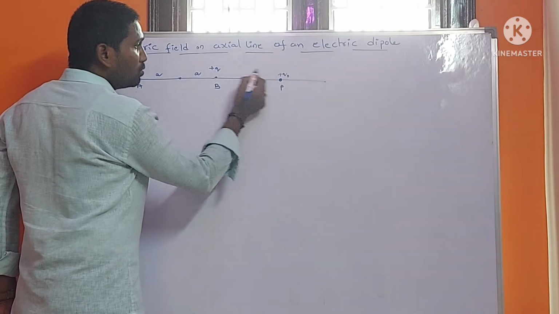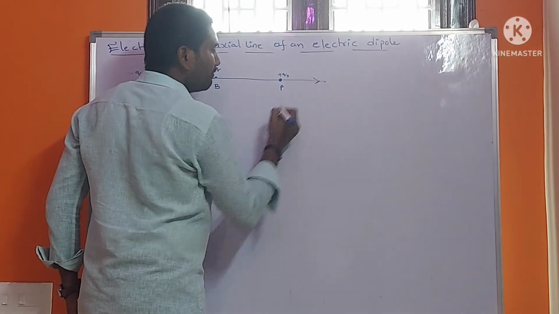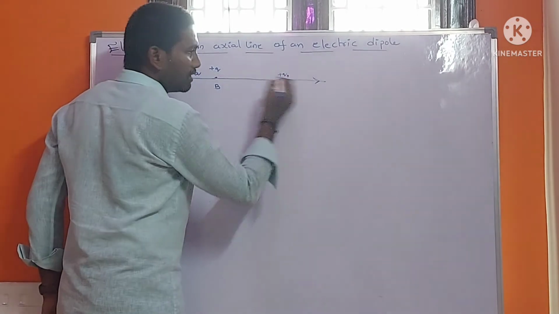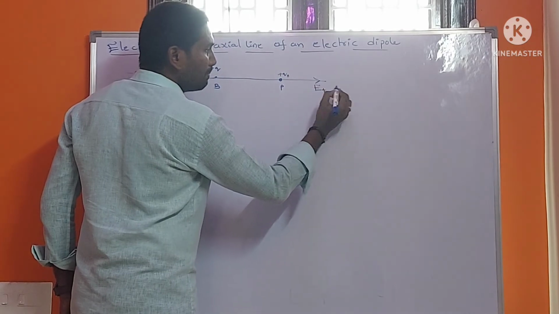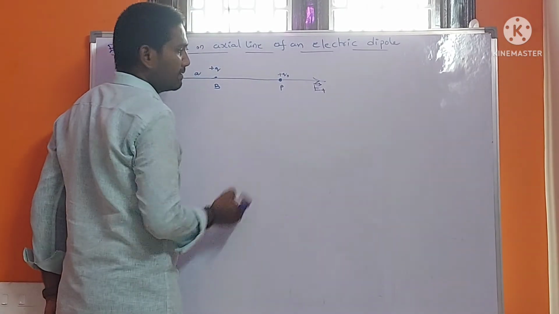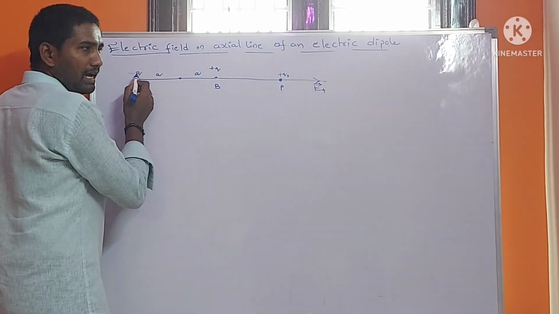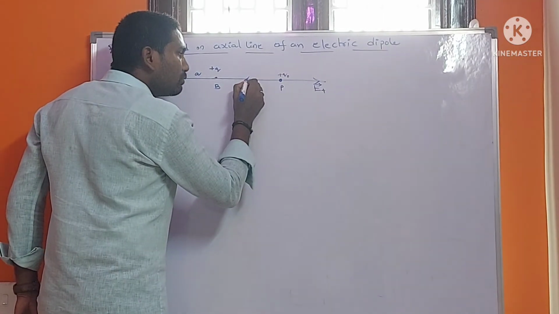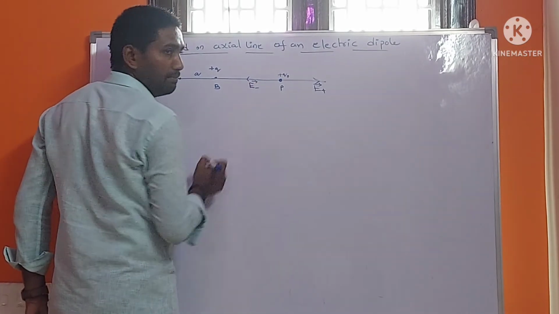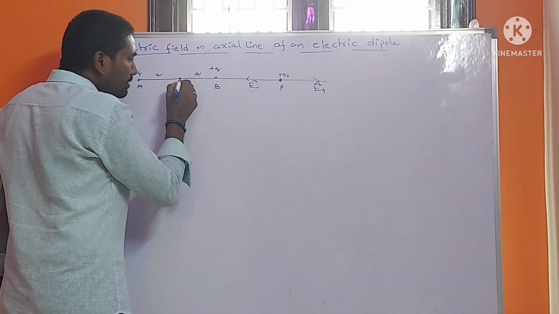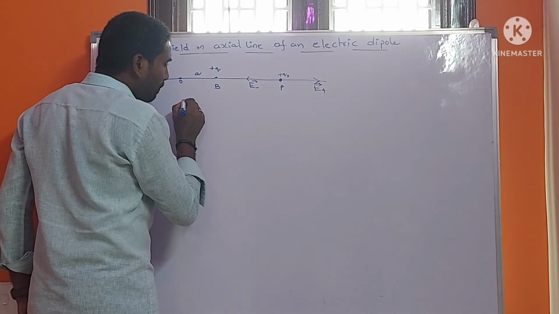Positive and positive: what will happen? Repulsion. That is the electric field due to the positive charge, E plus. Next, the test charge Q naught is positive and this is the negative charge. What will happen? They attract each other. That is E minus. This is the origin. Already you know the distance from the origin to P.